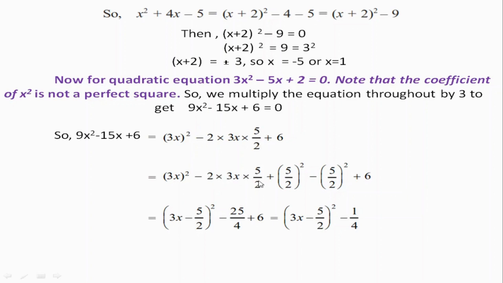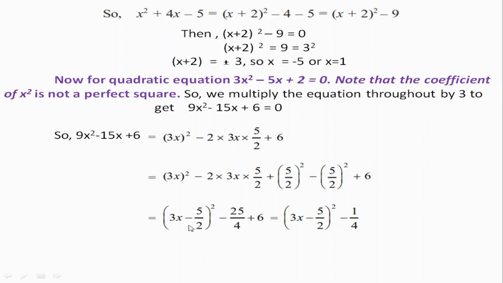So, for making a complete square, I have to add 5 by 2 whole square. And without loss of generality, I have to subtract 5 by 2 whole square. And 6 as it is. So this becomes a square minus 2ab plus b square.